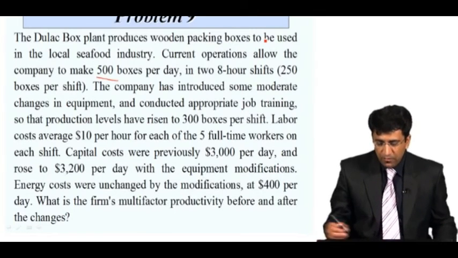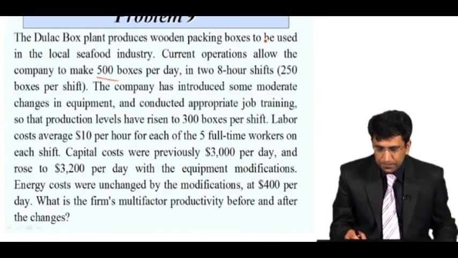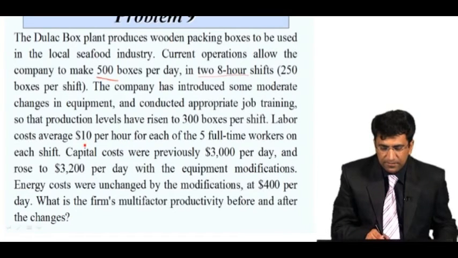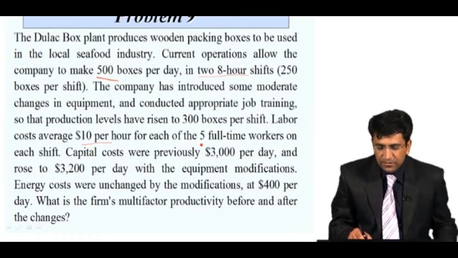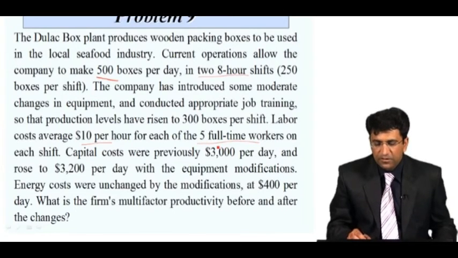We can multiply these values, that is 2 8-hour shifts, so 2 multiplied by 8 multiplied by 10, this is the wage rate, and this is multiplied by 5, which are the full-time workers.